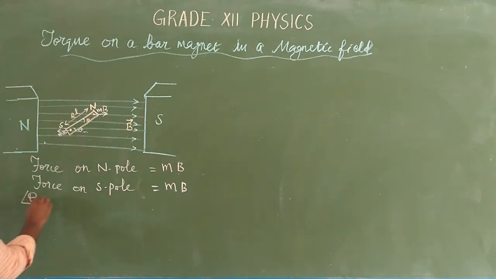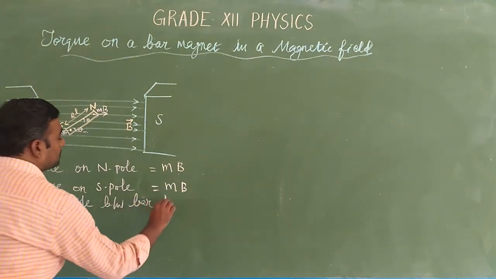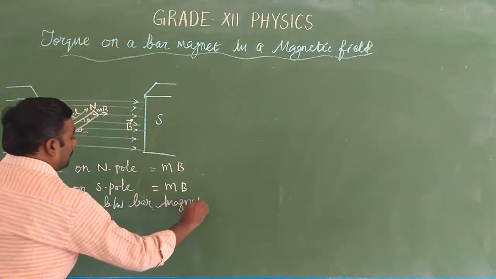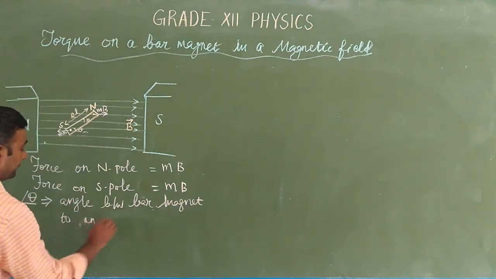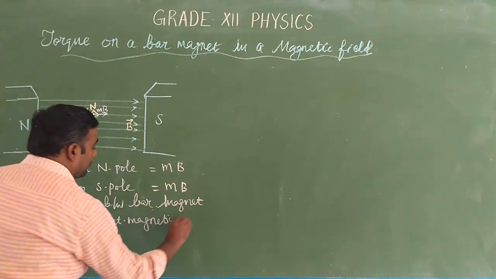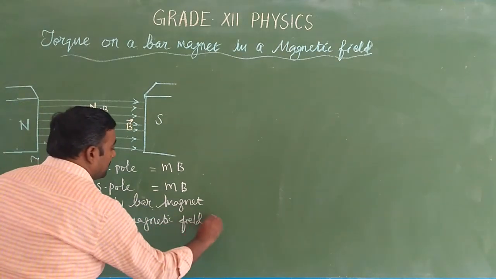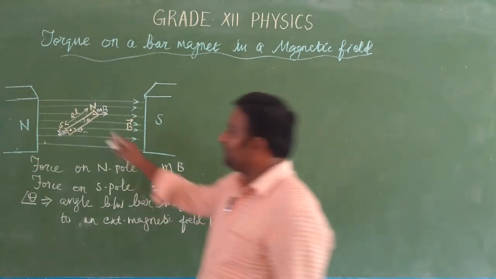What is angle theta? Angle theta represents the angle between the bar magnet and the external magnetic field, which is B.